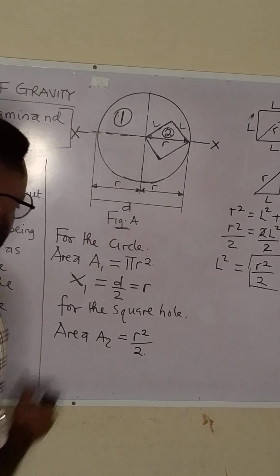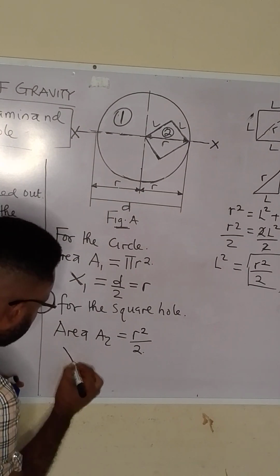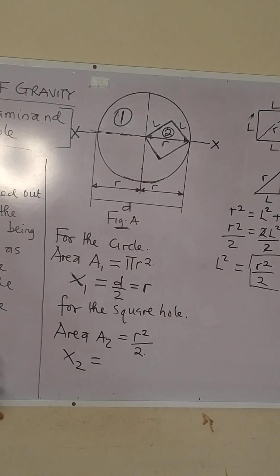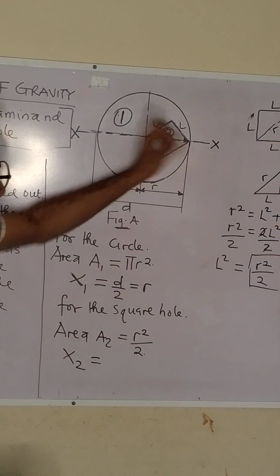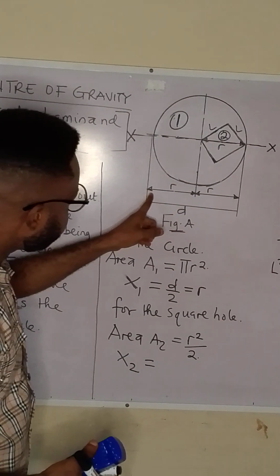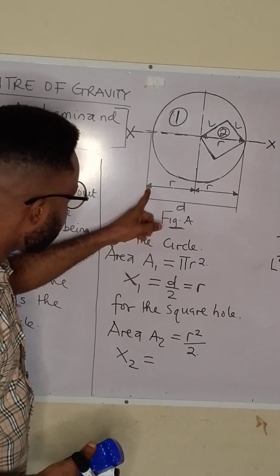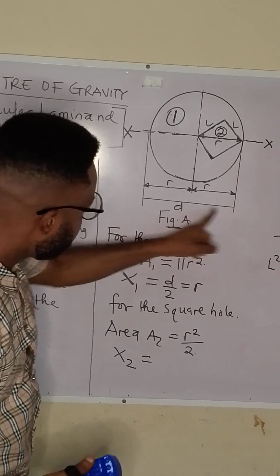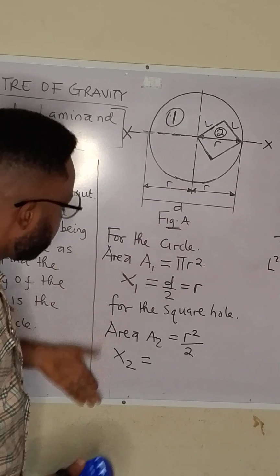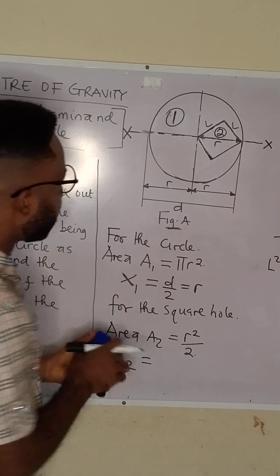Okay? And now let's find the centroid x2 of the square hole. This is the square hole. Now, I've shown in my videos how to find x. This is the x-axis.